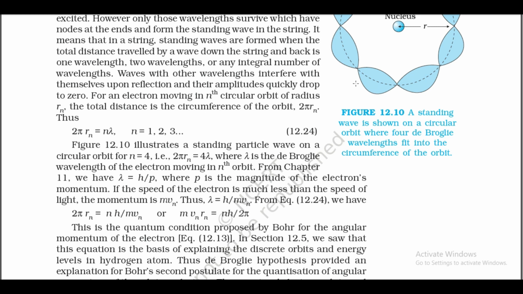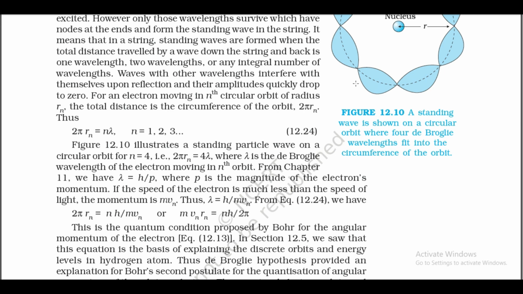From Chapter 11, we have lambda is equal to h by p, where p is the magnitude of the electron's momentum. If the speed of the electron is much less than the speed of light, the momentum is mvn, thus lambda is equal to h by mvn.